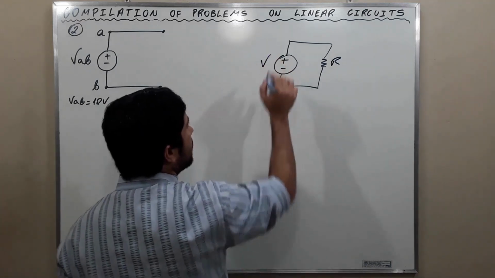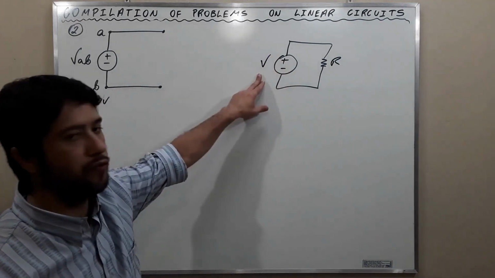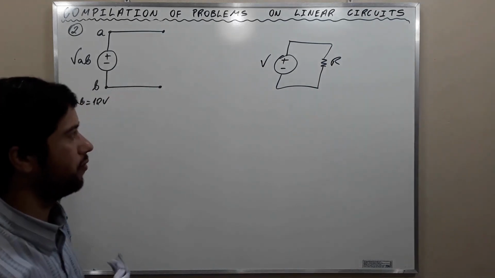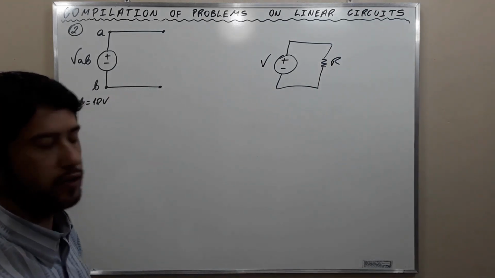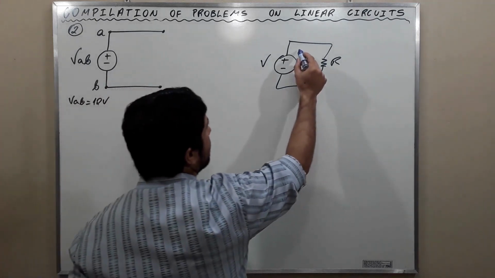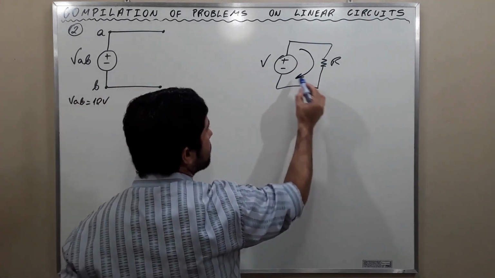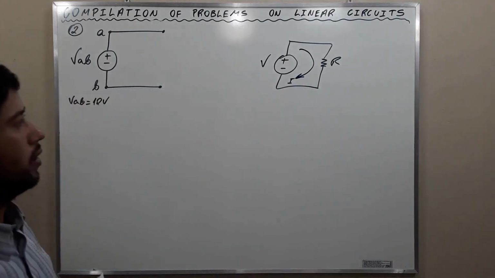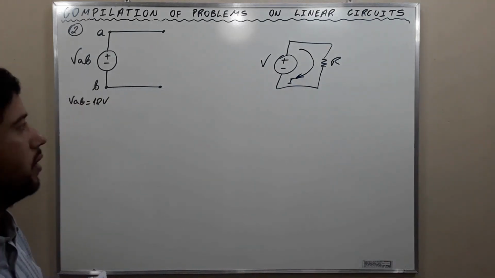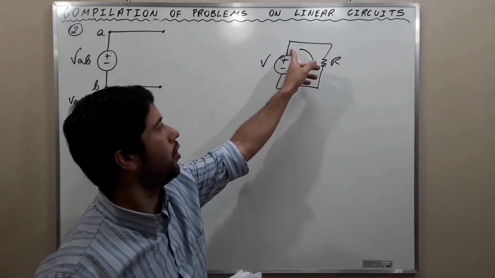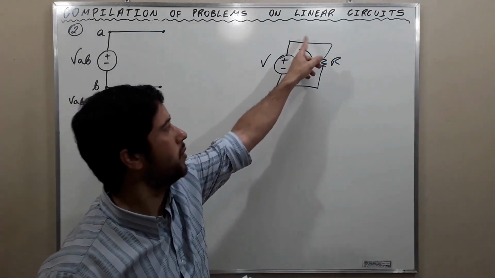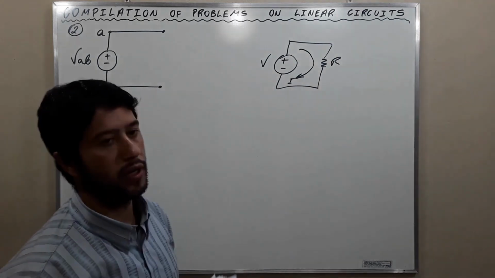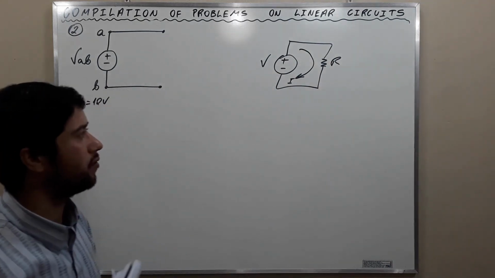Okay? The battery has a voltage and the resistor has a resistance. When we connect the two, a current flows here in this way. We represent the current as a flow from the positive terminal passing through the load and returning through the negative terminal.